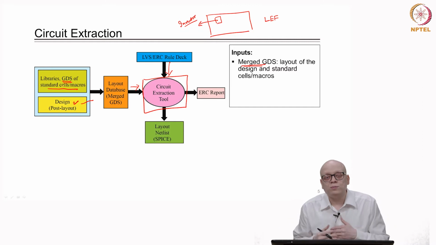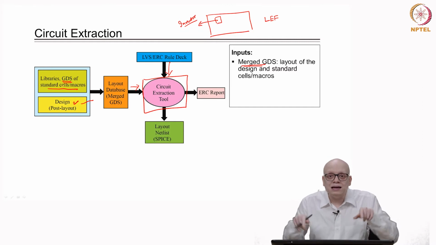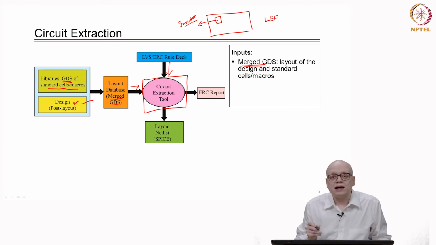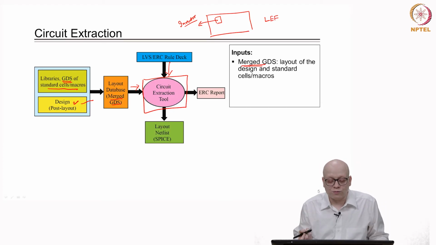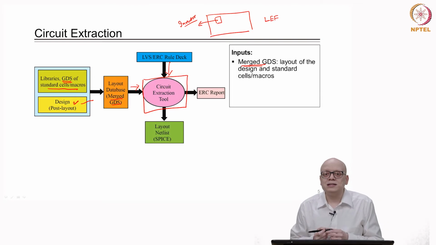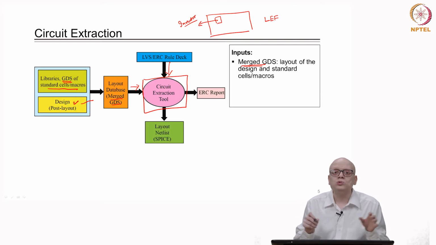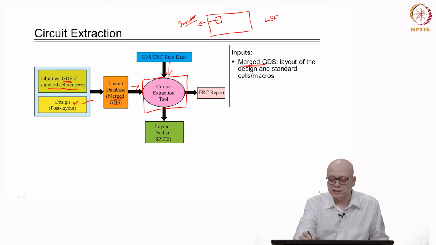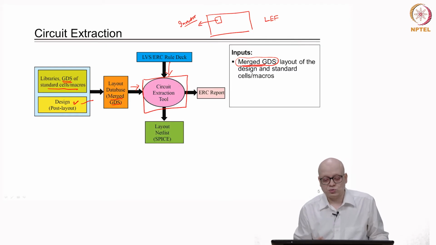We need to merge these two pieces of information, and the merged GDS is basically the final layout that can be used for fabrication, right. Now, physical design tools have capabilities to simply merge these two, and they can give us a merged GDS, which we can give to the circuit extraction tool, right.